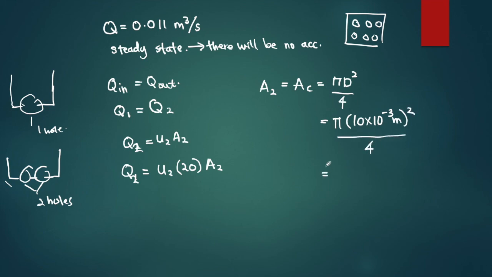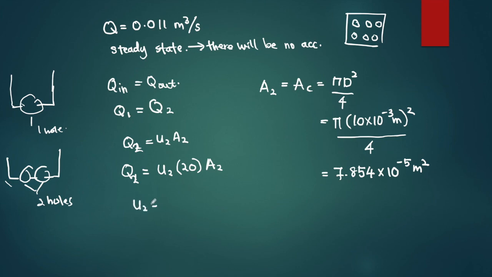Therefore, you will get 7.854 times 10 to the power of minus 5 meter square. So you already have the cross-sectional area. Then we have to substitute into this. Let me rearrange this equation first.